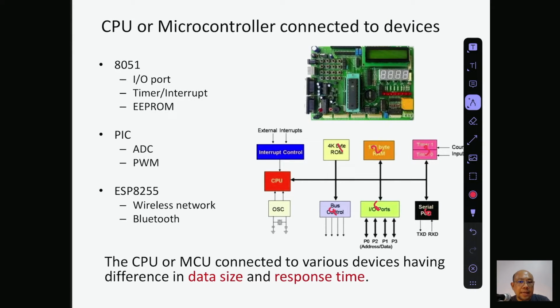Some devices run in 16-bit, some in 8-bit, and some in 32 bits. And some devices differ in response time. If you send data to the VGA to output to the computer, the VGA response time is very fast and its data size is large compared to a mouse or keyboard.